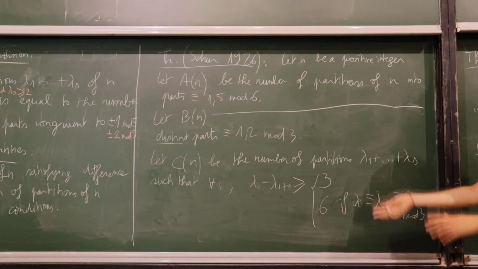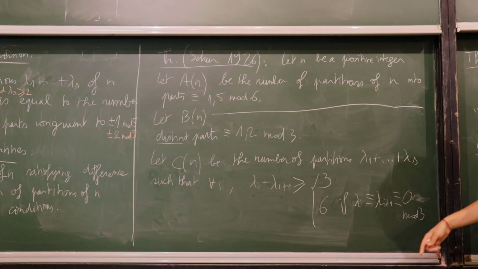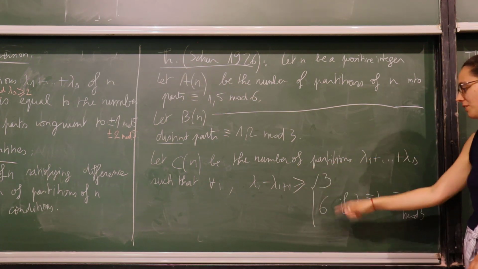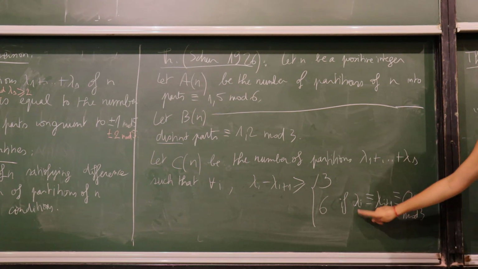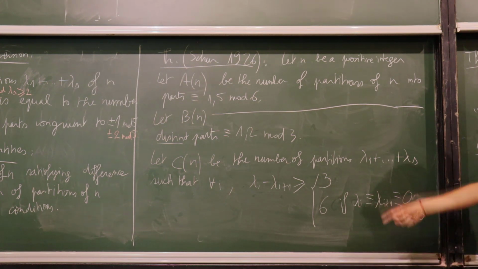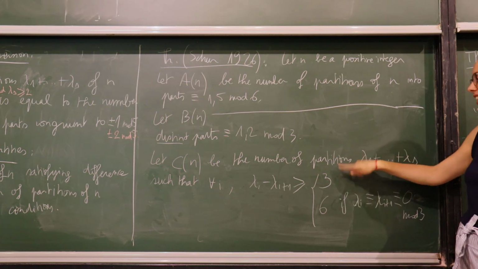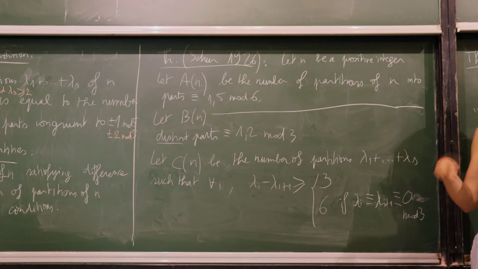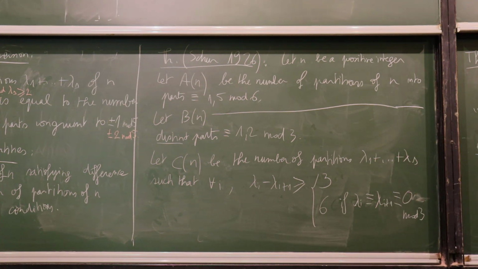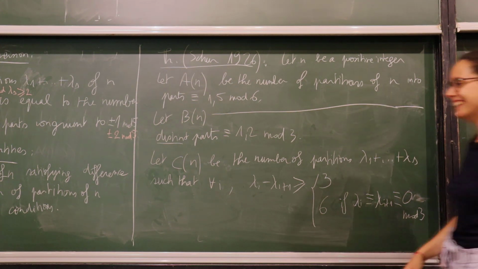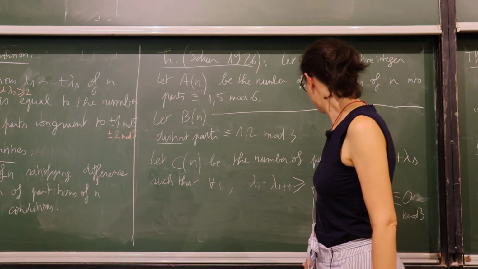Some people write it, indeed you can say it's at least 4 if the first one is divisible by 3, or that works also with the second one. There are many choices, but here I chose this one. Or sometimes you also just say the difference is at least 3 and you don't have consecutive multiples of 3. All of them are equivalent. I just picked one.